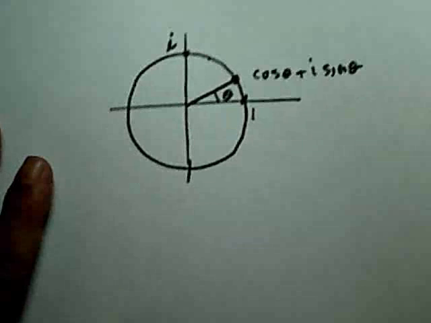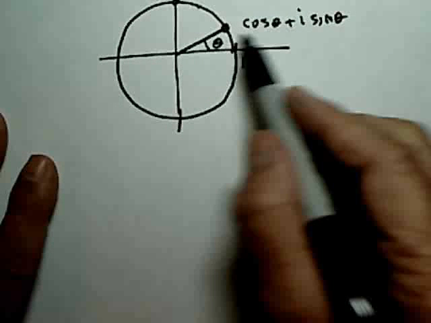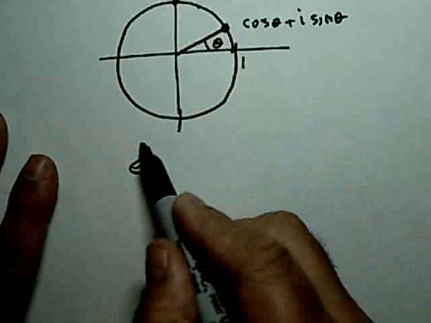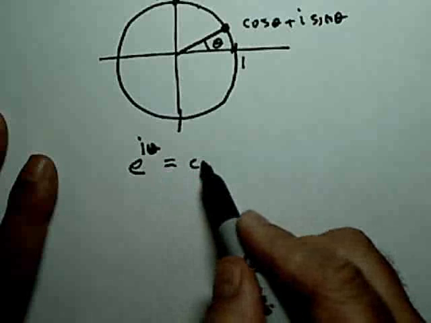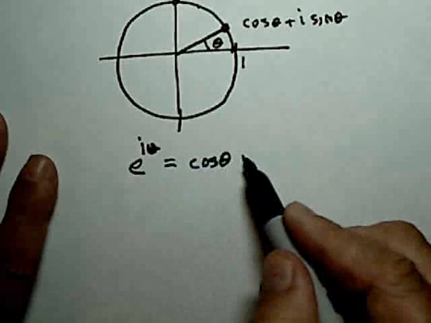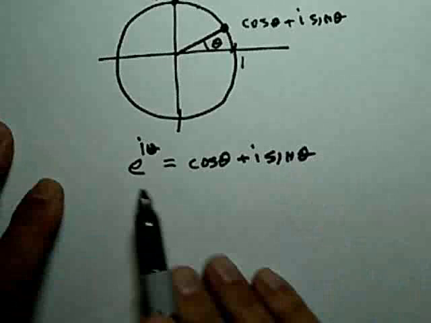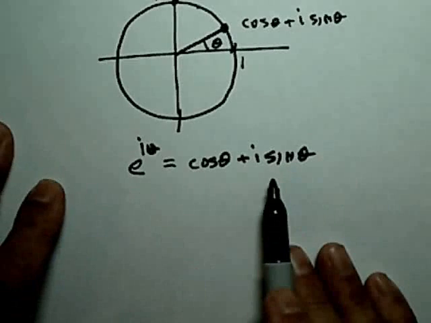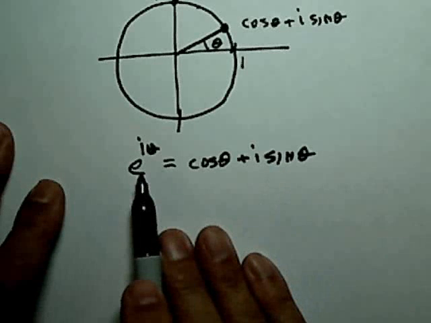Then what you learn and what you need to teach people is that this number here can reasonably be defined to be e to the i theta, and so you can treat this as a definition, but of course, like any definition, you have to motivate it. And if you are a teacher or a person that understands complex numbers, you know this formula and you know where it comes from.